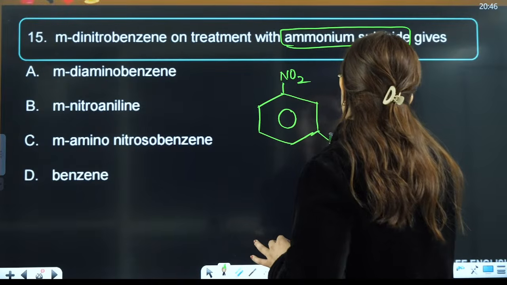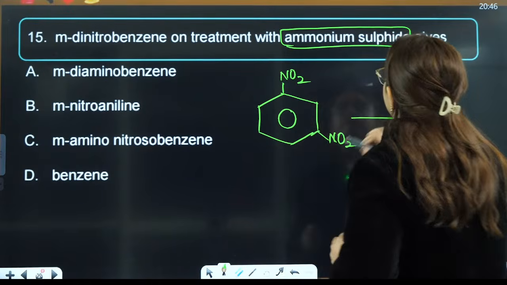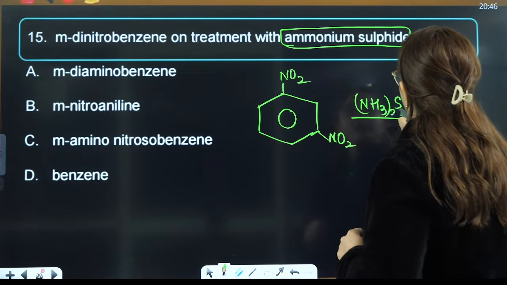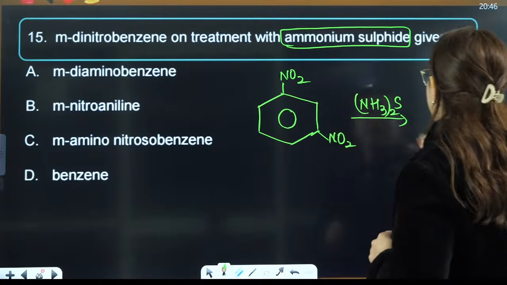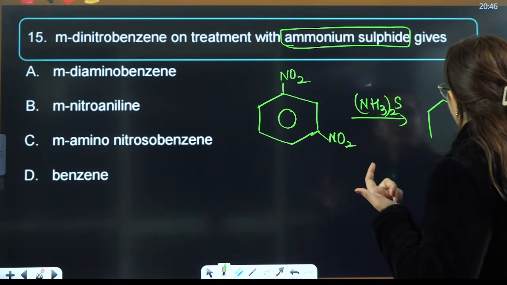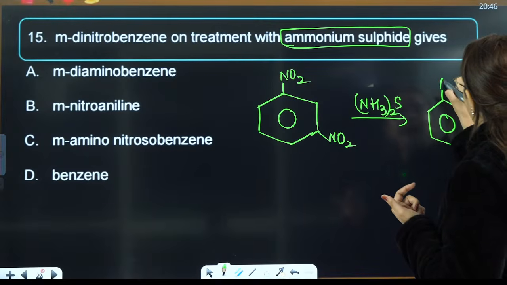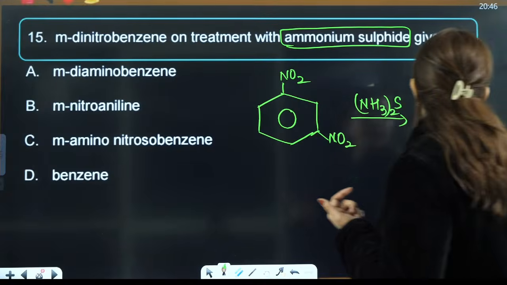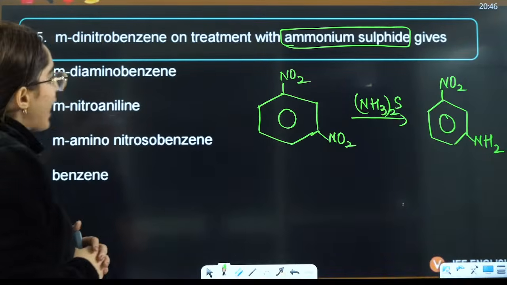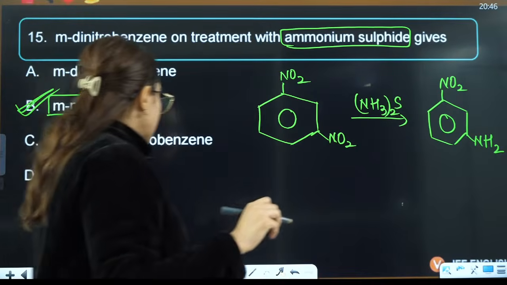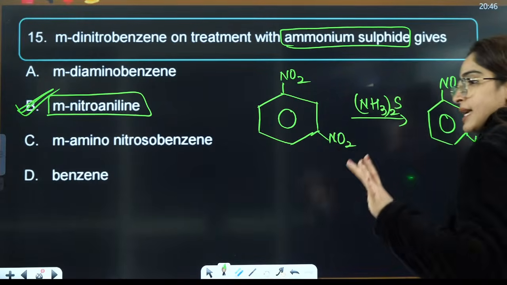When you react it with ammonium sulfide, in this case it is a selective reagent that reduces one of the nitro groups here. So it will be meta-nitroaniline, which is the correct answer here. So the answer will be B, right? Okay.